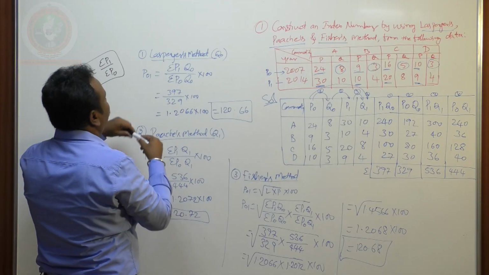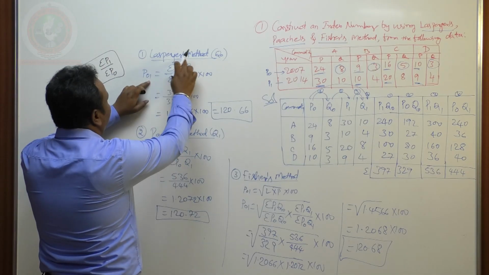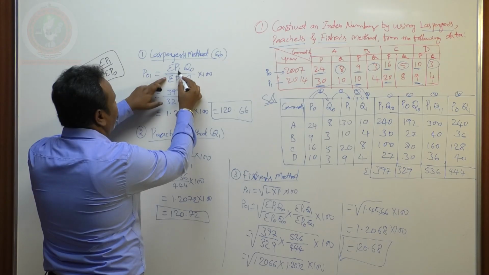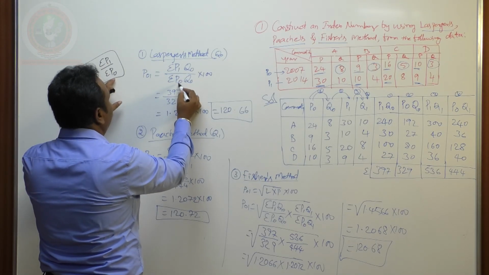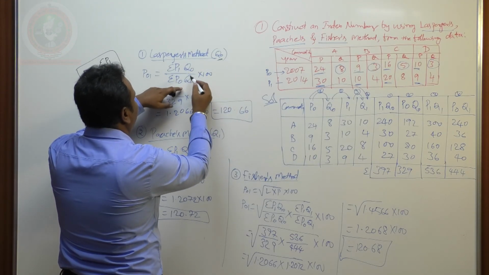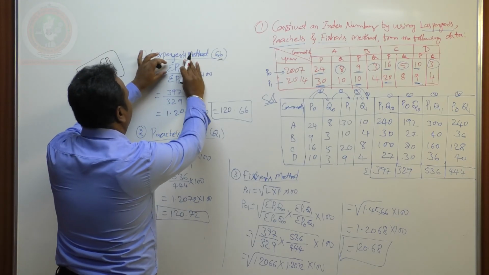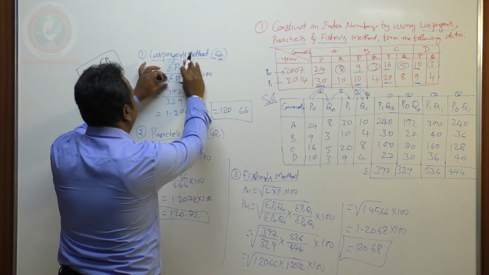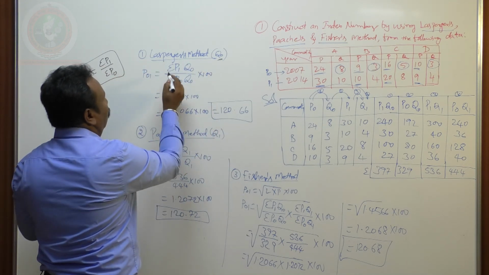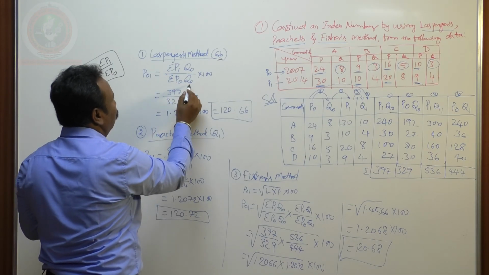So, the index number under Laspeyres' method equals summation of P1 Q0 divided by summation of P0 Q0 into 100.